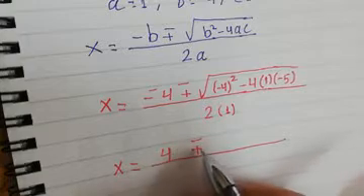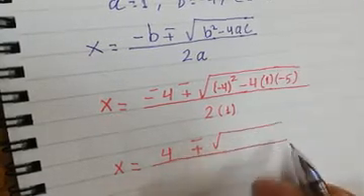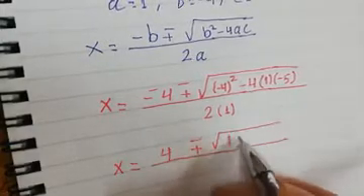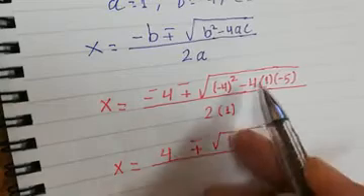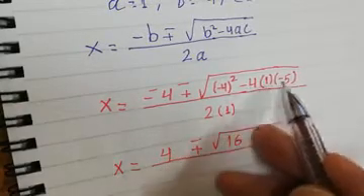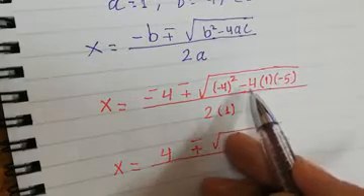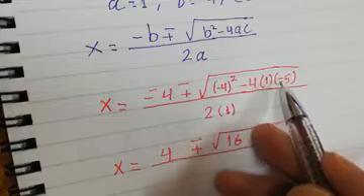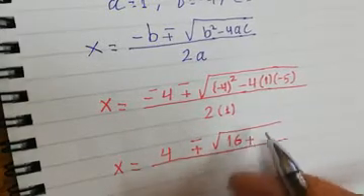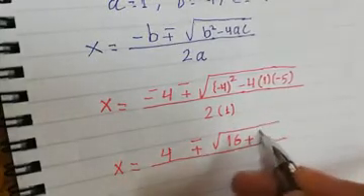And the square root of (-4) squared will be positive 16, and here this is one term, so you have to take care about the signs. This is negative and this is negative, this is positive, so negative multiplied by positive is negative, multiplied by negative is positive, so it is a plus. And 4 multiplied by 1 is 4, times 5 is 20.